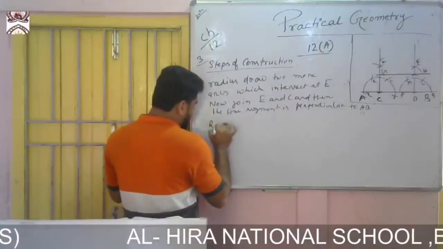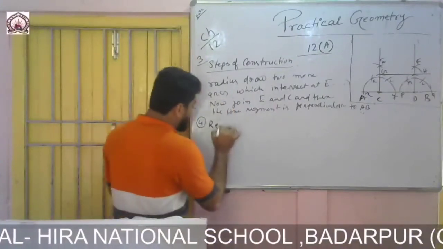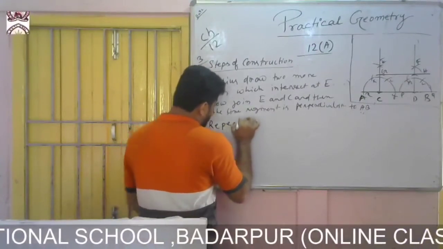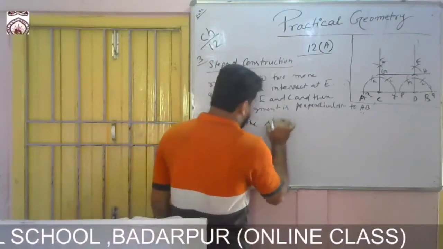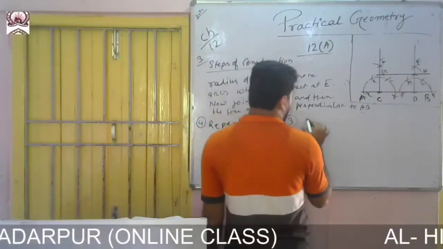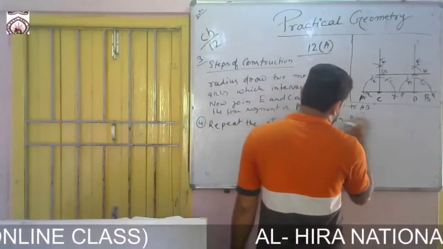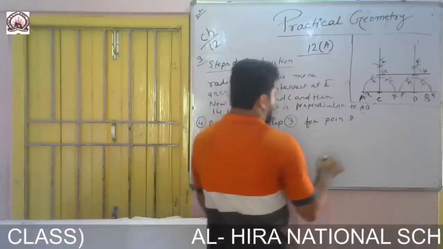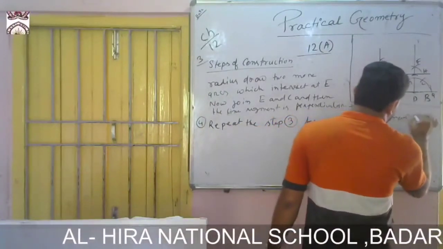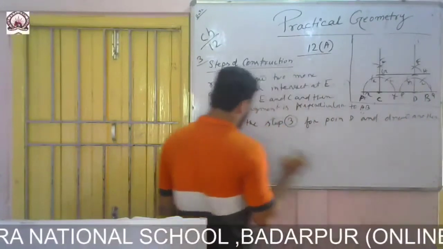Repeat step 4. Repeat the step 3 for point D. And draw another perpendicular.